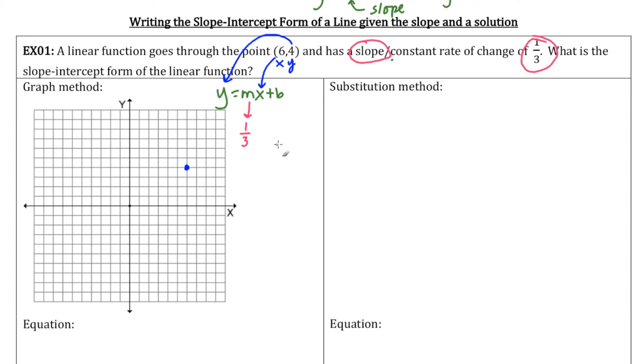Now I need to use the slope that it gives us. The thing is, if I use the slope 1/3, this doesn't help me get the y-intercept. So I kind of need to go backwards. So up 1/3 means down 1, left 3.